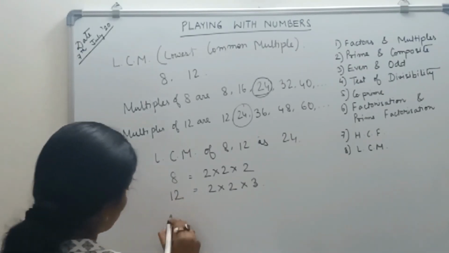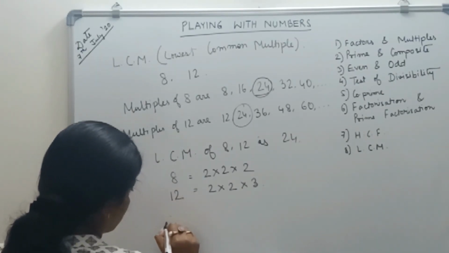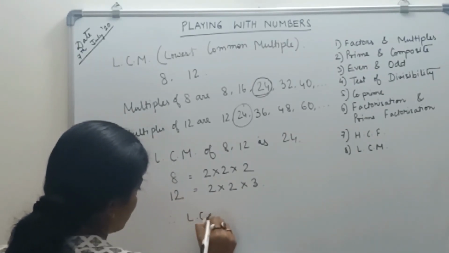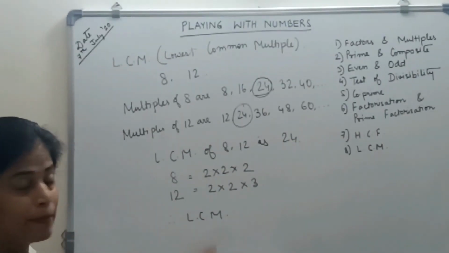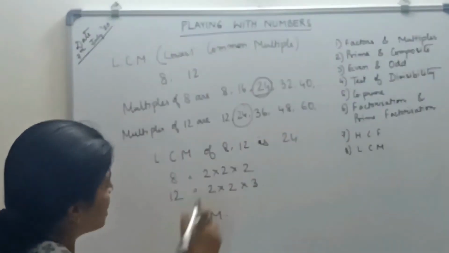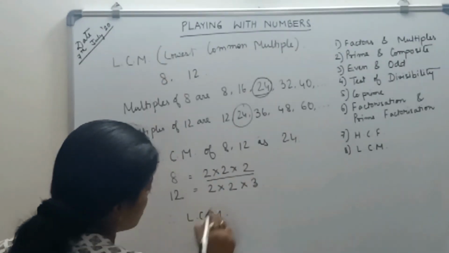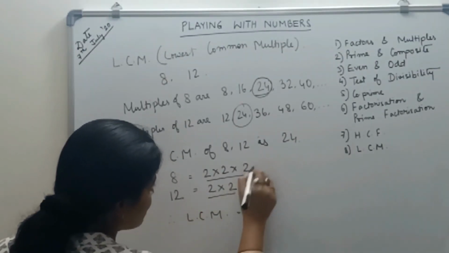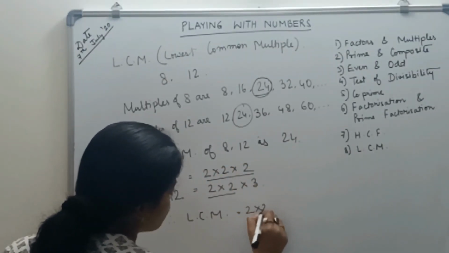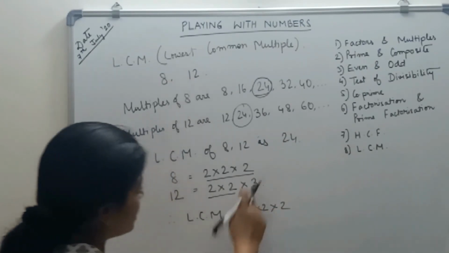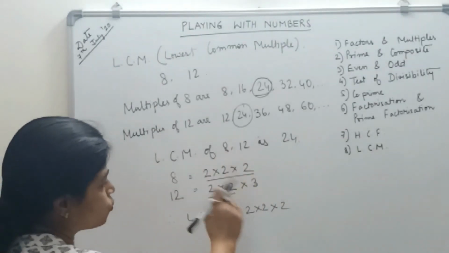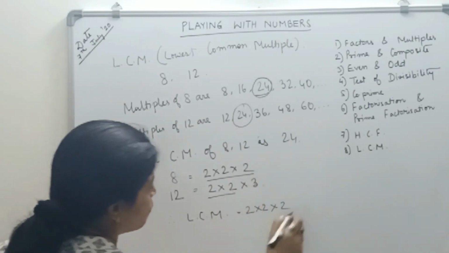So what will be the LCM? Therefore, LCM will be, I have to take the maximum numbers here. See, here how many 2's are there? Here 3 2's, but here 2 2's are there. So I will take the maximum one. So 3 2's will be there. And here 1 3 is there, there is no 3 in 8. So only 1 3 will come.